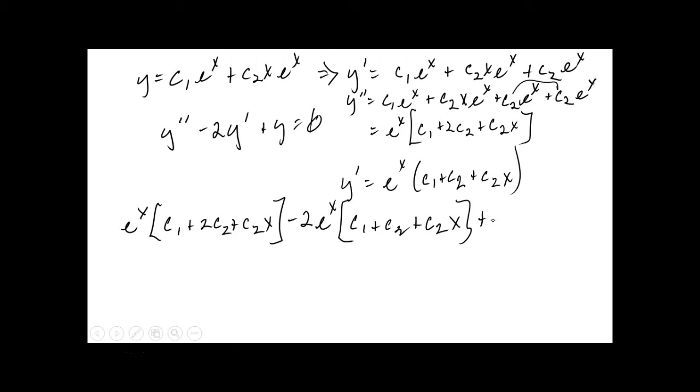Plus y, let's rewrite that too: e to the x times (C1 plus C2x). Supposedly, that is equal to 0. That's what our differential equation tells us. Let's see what we've got.